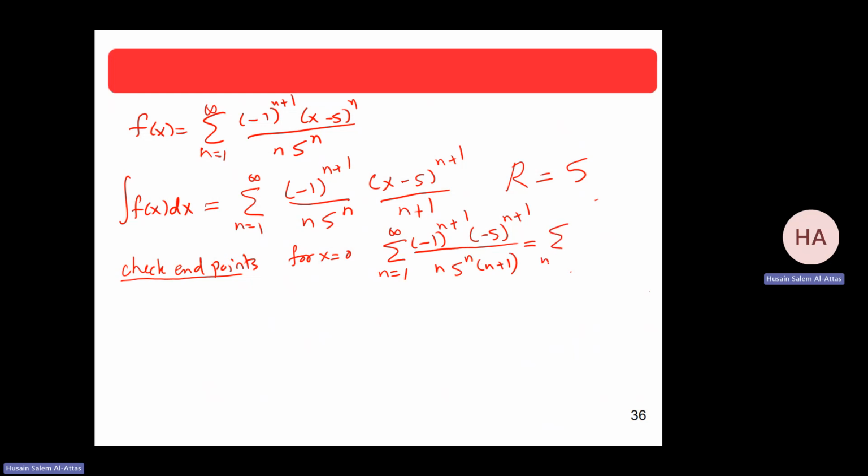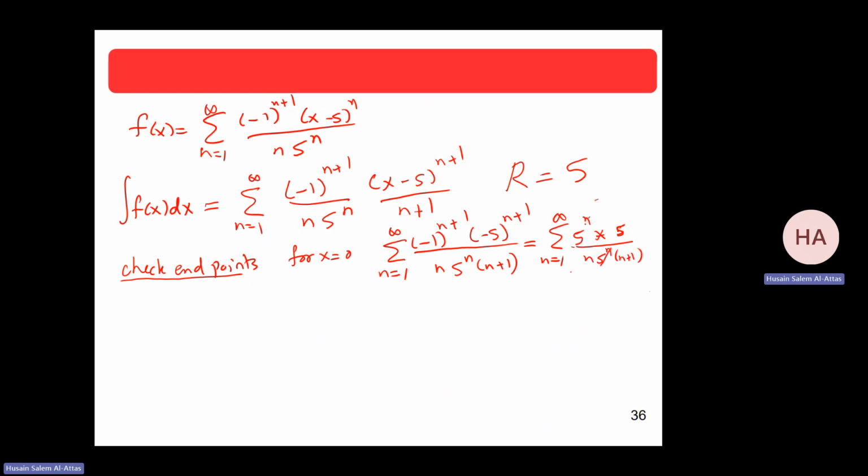I have the same power, that makes it easier. 5 to the power n times 5 over n times 5 to the power n plus 1.